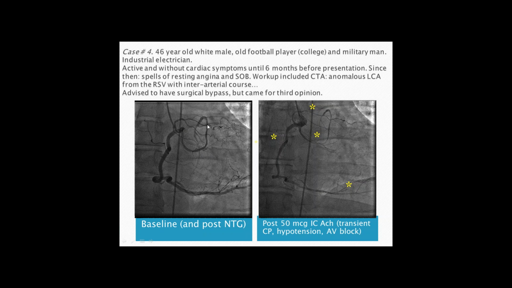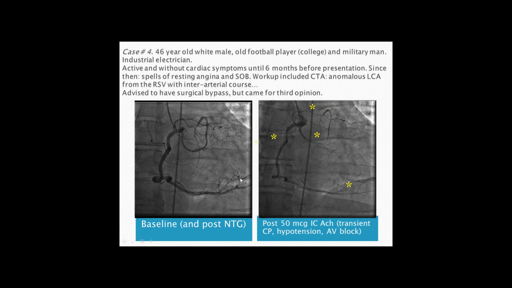That is totally wrong. This is not a case of intramural course, but retroaortic course, and this is the result of acetylcholine at 50 micrograms. It caused the almost complete obliteration of the circumflex and left anterior descending. The left anterior descending in this case is essentially part of the right coronary artery posterior descending.